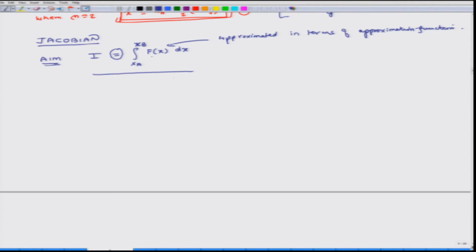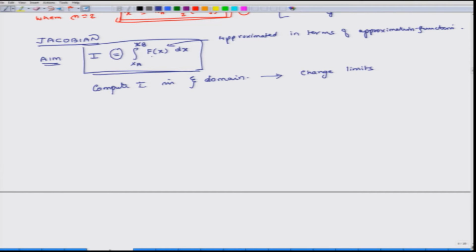So, the aim is to compute this integral I in the zeta domain, right. To do this, we have to do three things.